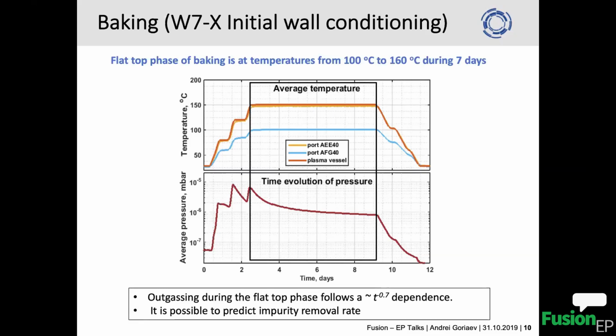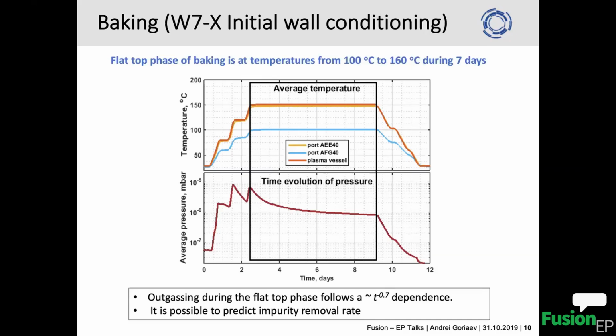The main point here is that the pressure drop is not linear, and if we bake even more than 7 days at this 150 degrees, at some point it will not improve the situation dramatically. But at least here we know the dependence. We know what to do with baking. How long should we bake? Should we increase the temperature, or can we skip it or not?